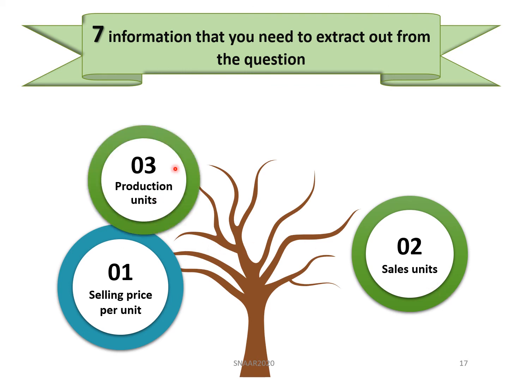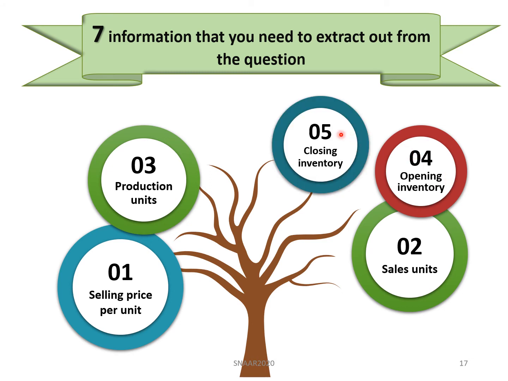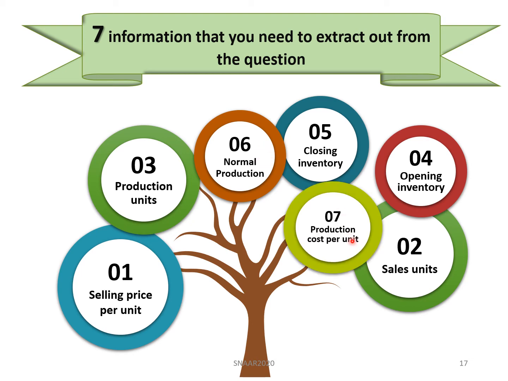Third, you kena identify berapa banyak production units. Number 4, you kena identify the opening inventory, berapa unit opening inventory dia. Number 5, you kena identify berapa units closing inventory. Nombor 6, you kena identify how much is the normal production units. And the last one, you kena kira dia punya production cost per unit.